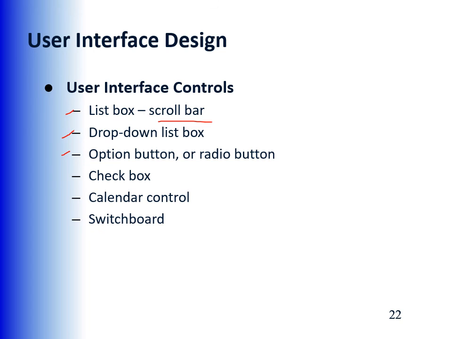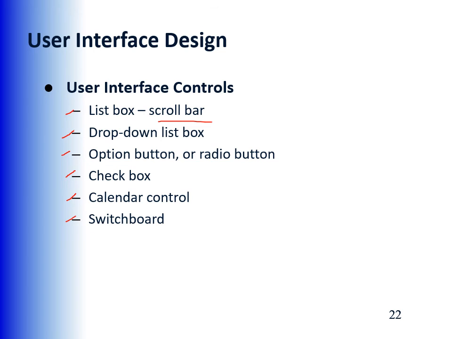You also can use a checkbox to select one or more choices from a group. And also a calendar control that allows the user to select a date that the system will use as a field value, right?